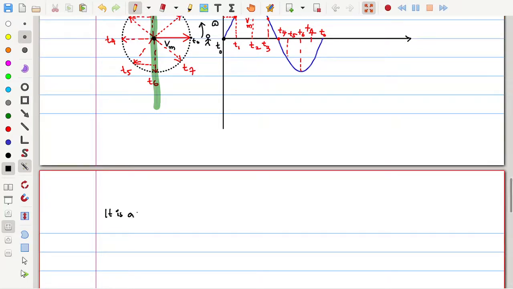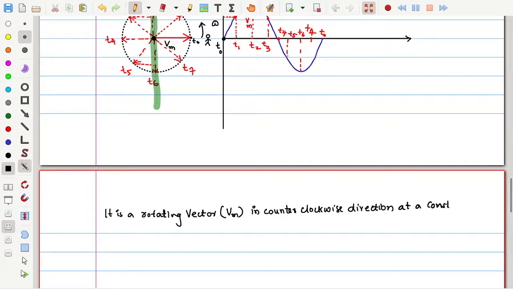It is a rotating vector Vm in the counterclockwise direction at a constant angular velocity.